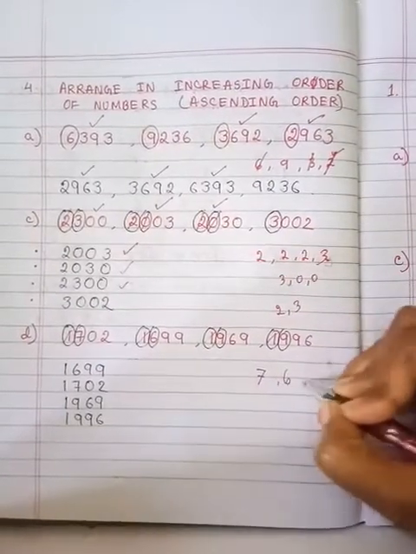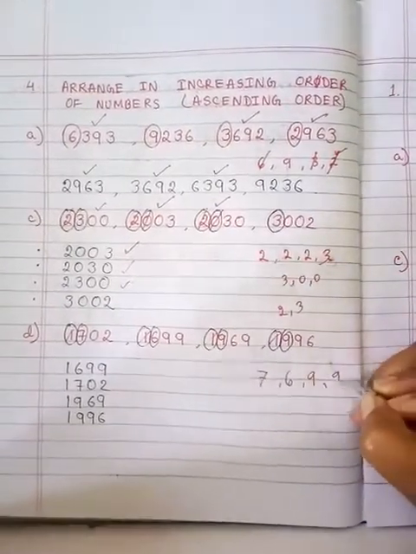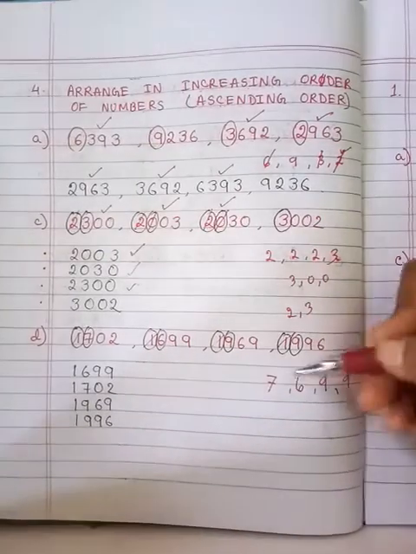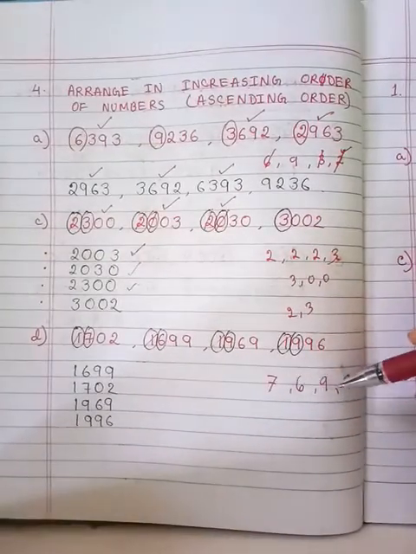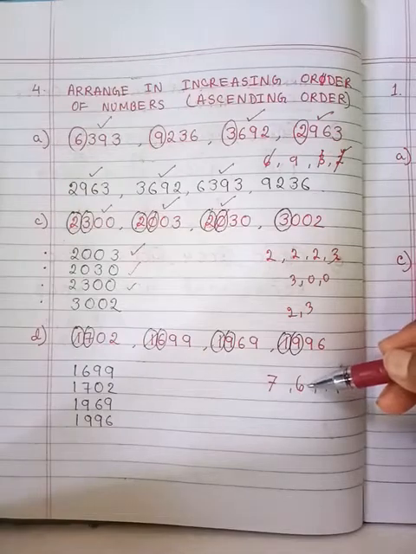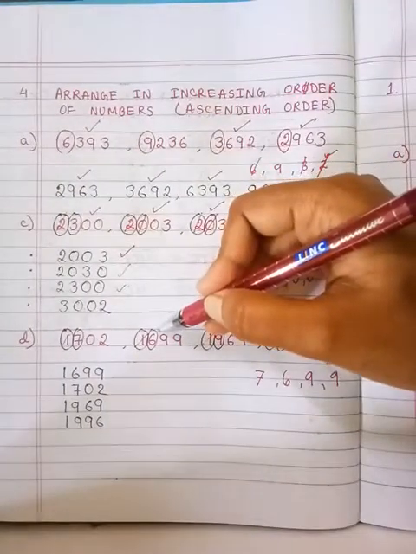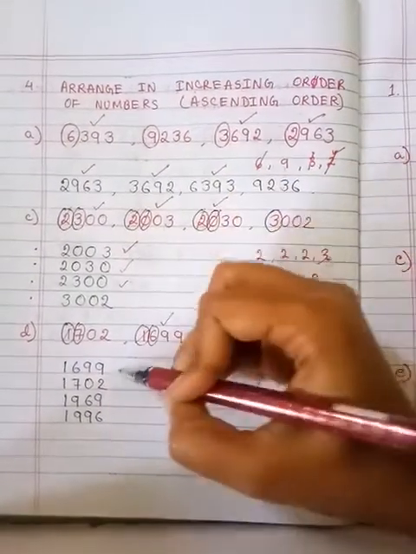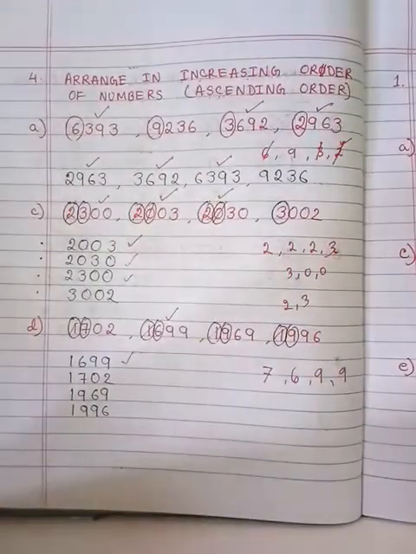Among 7, 6, 9, which one is smallest? 6 is smallest. Now 6 belongs to this number. First write down 1699.